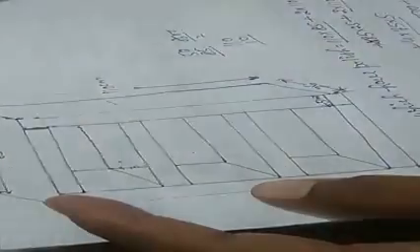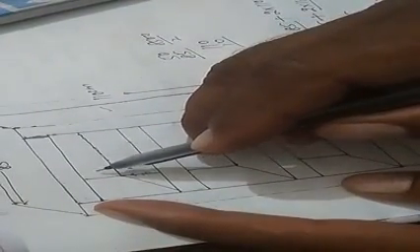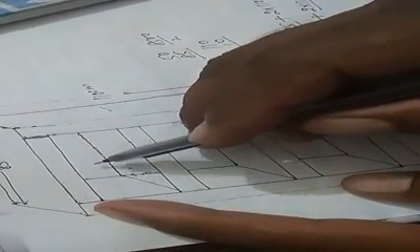Then the area on which we have to paint is equal to, the area will be front or back side.